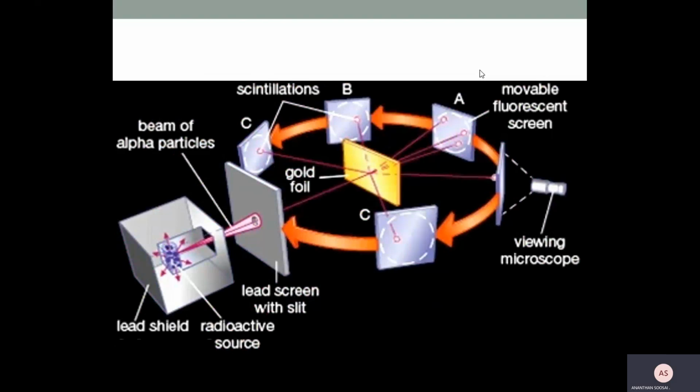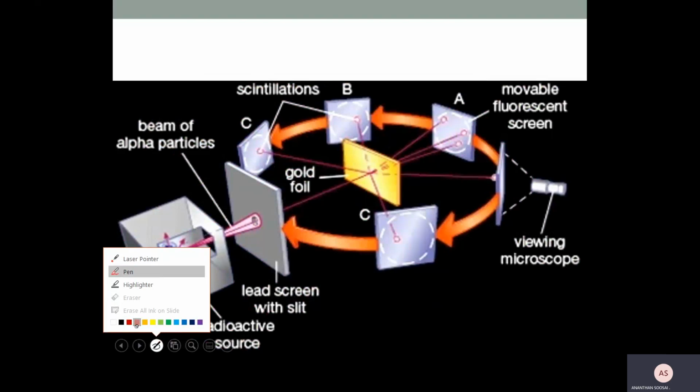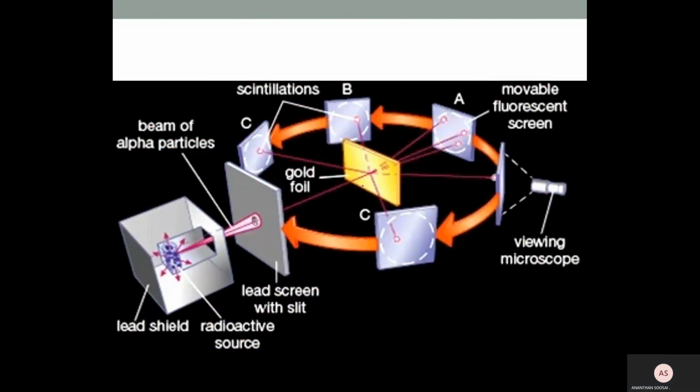What happened? The majority passes through, at location A. The majority of the alpha beam hits at A, and maybe less than 1% deflected more than 90 degrees. In the exam, they ask, where is the deflection angle? From the straight line, this is the deflection angle for this beam.